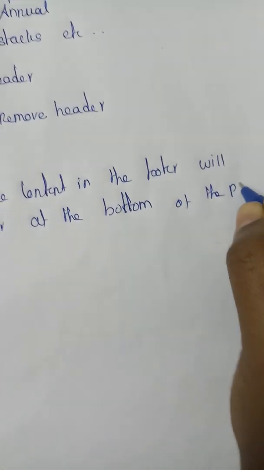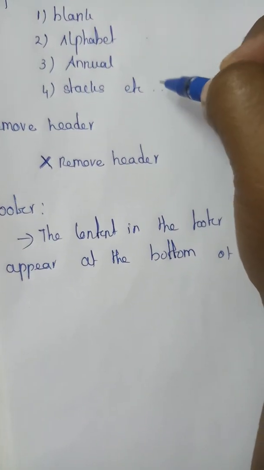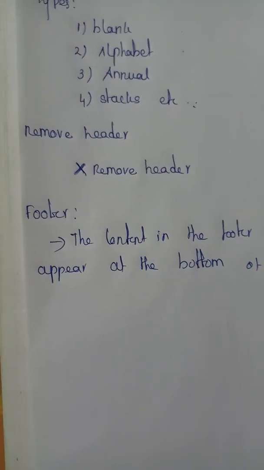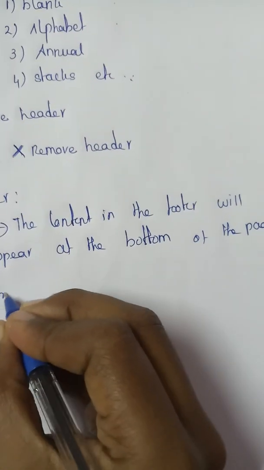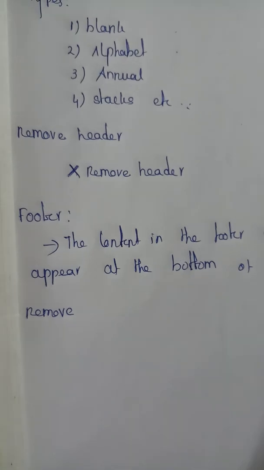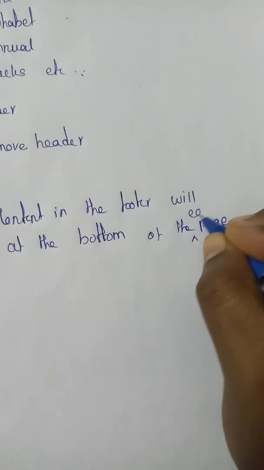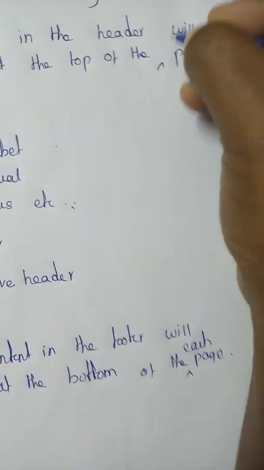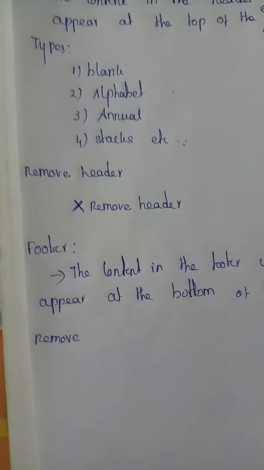The same types apply for the footer also: blank, alphabet, annual, stacks and so on. There are many different types. It appears at the bottom of each page, because every page will have a header and footer.